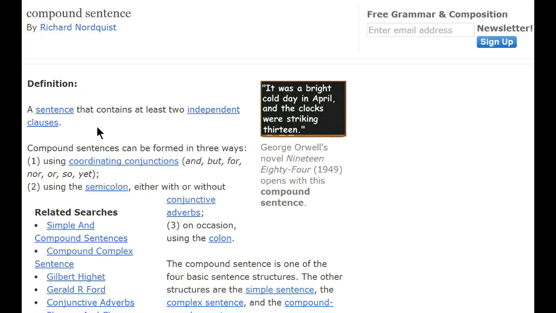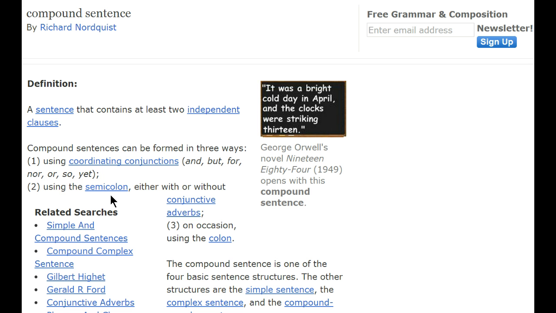Compound sentences can be formed in three ways. We have to remember that compound means independent clauses. You can use a coordinating conjunction to join two independent clauses to form a compound sentence, and those are very common words: and, but, for, nor, or, so, yet, etc. Or you can use a semicolon.